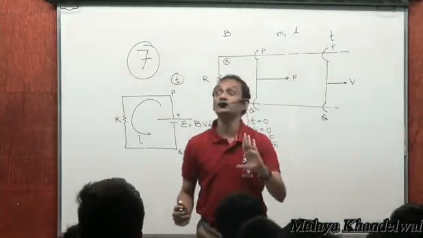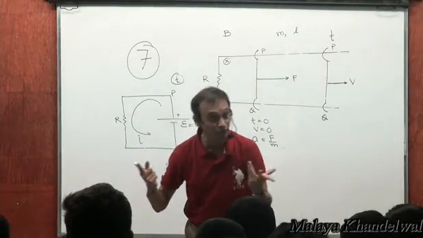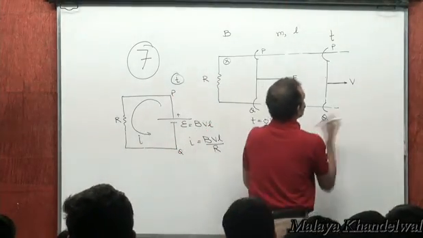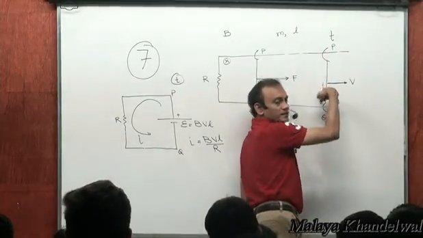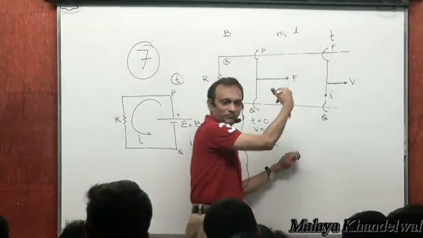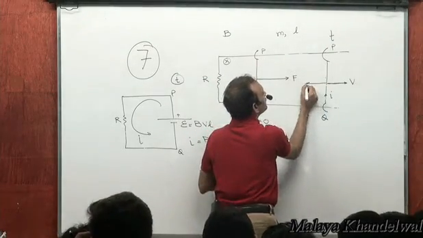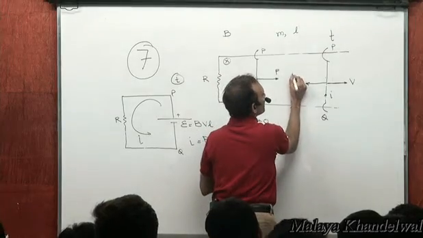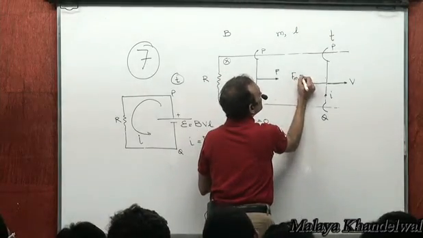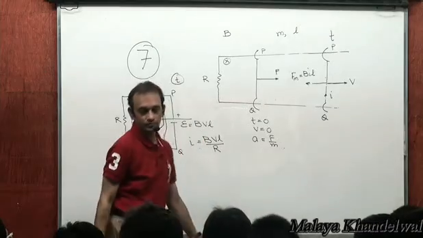A current carrying conductor exposed to a magnetic field will experience a magnetic force, right? My dLs are like this, B is into, so dL cross B would be this way, leftwards. So a magnetic force F_M, which is BIL, to the left, right?